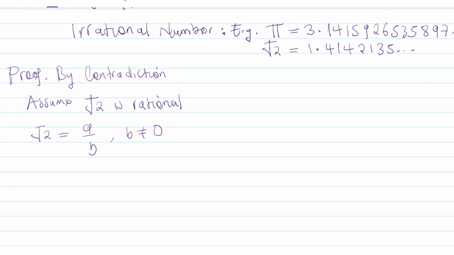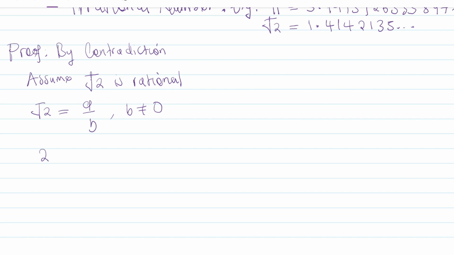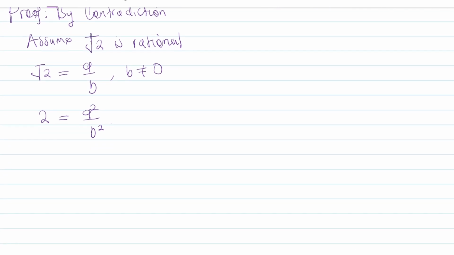Now, let us square both sides. So if we square both sides, we are going to have 2 is equal to a squared over b squared. Let us multiply throughout by b squared. So this is 2b squared is equal to a squared. Now you realize that a squared has been written as 2b squared.